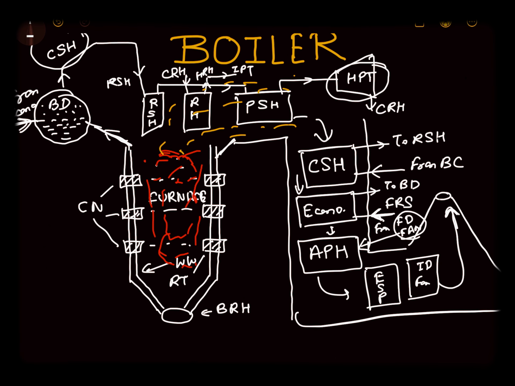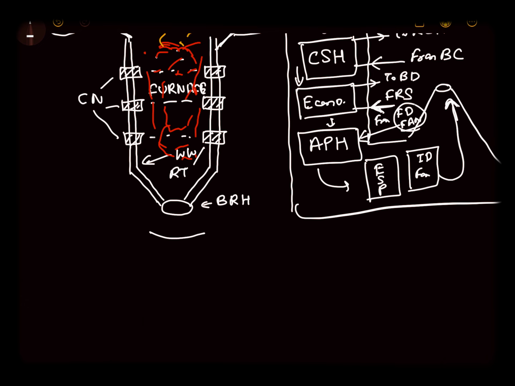One more thing we can see here, that there is a container downside the boiler, and from this container there is a component called clinker grinder, and then after that there is a component which is called AHP, ash holding plant.